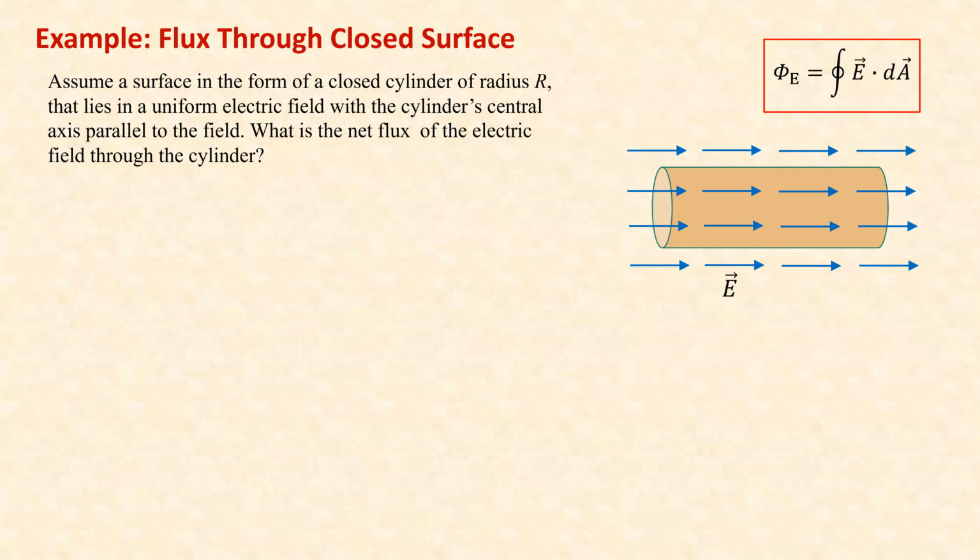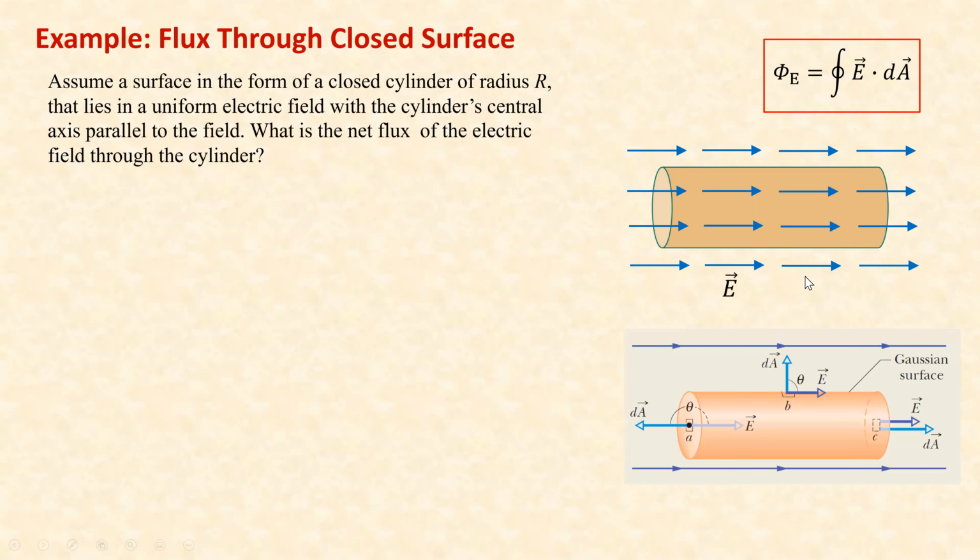All right. This was an example we went through, flux through a closed surface. This is a cylindrical closed surface in a very simple electric field that's uniform. And also the electric field is along the axis of the cylinder. We can divide this cylinder into 3 different pieces. There's this cap and the other cap on the other side, and the cylindrical part.